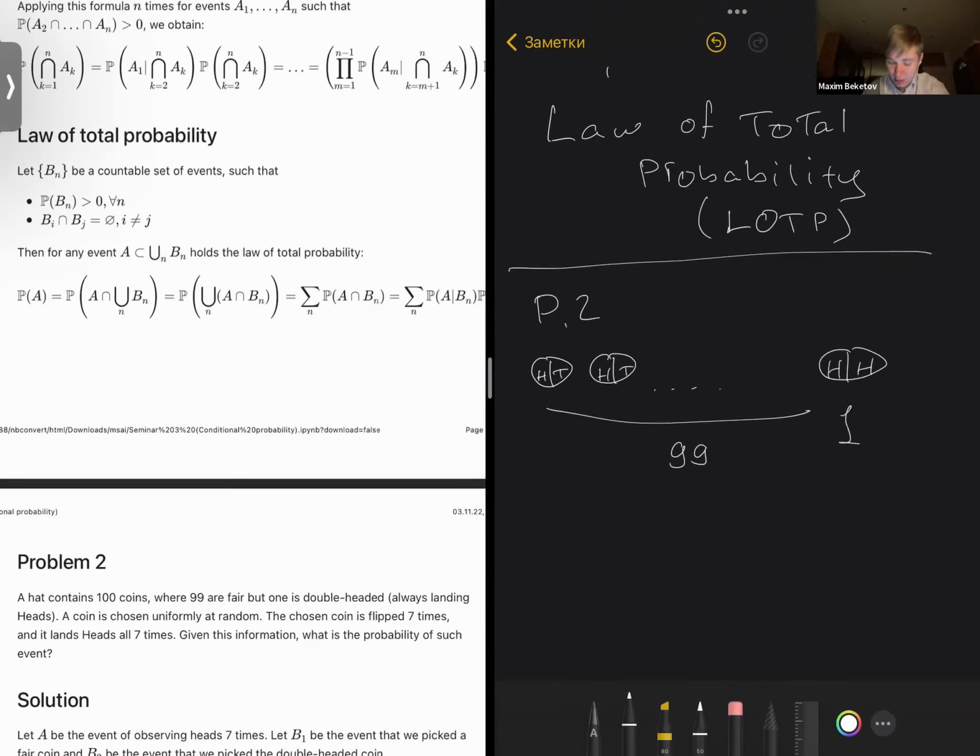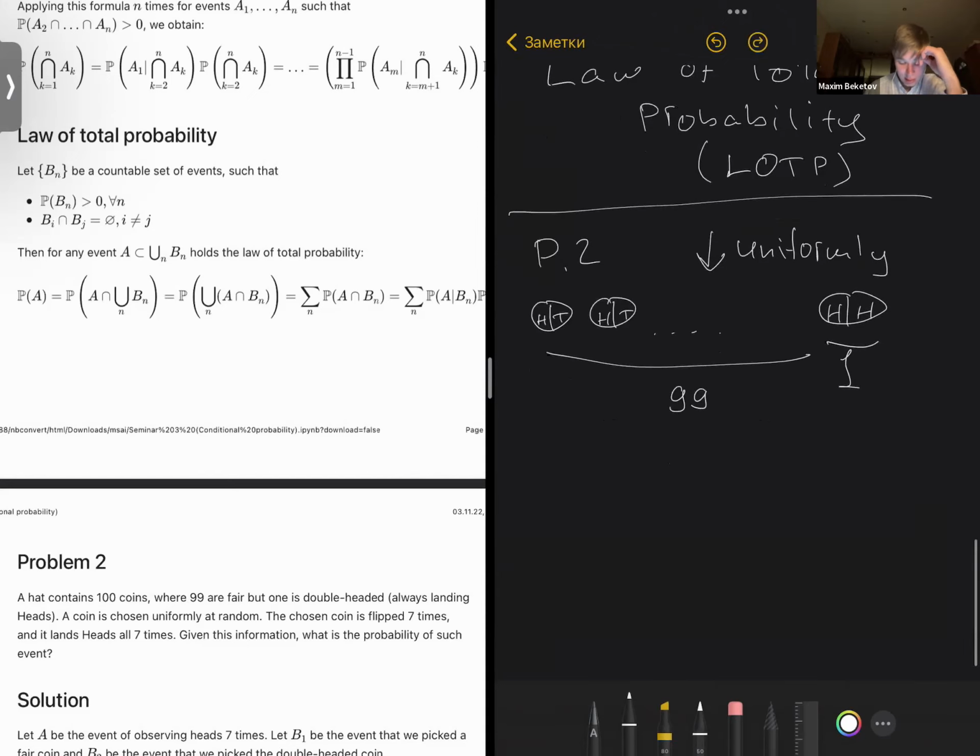So overall, 100 coins. A coin is chosen uniformly at random. And we flip it 7 times, and it lands heads all 7 times. Given this information, what is the probability of such an event?